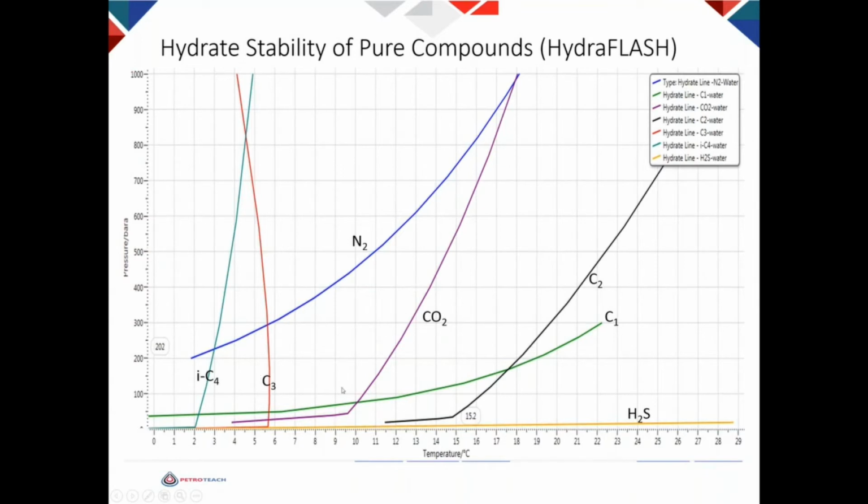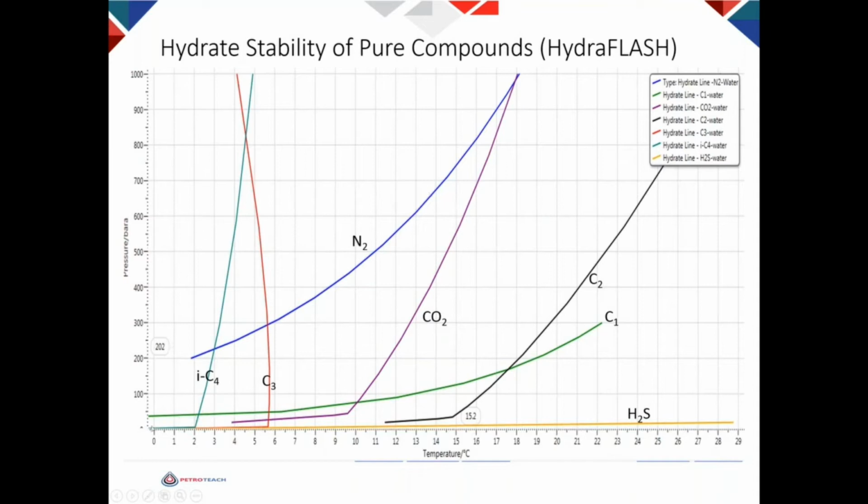And after that, methane. And then nitrogen. The point where the angle changes is the bubble point, basically the vapor pressure line, where above the vapor pressure line we have liquid, below that we have gas. So that gives you a feeling of the tendency of different compounds in forming hydrate.